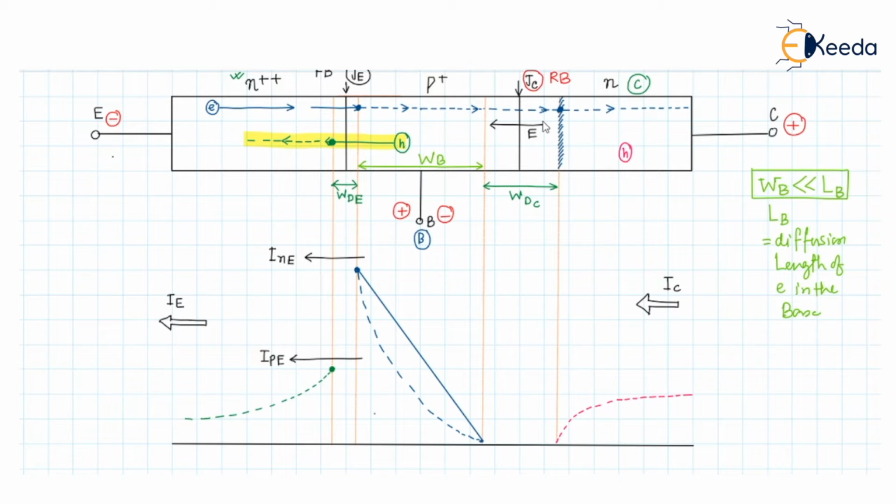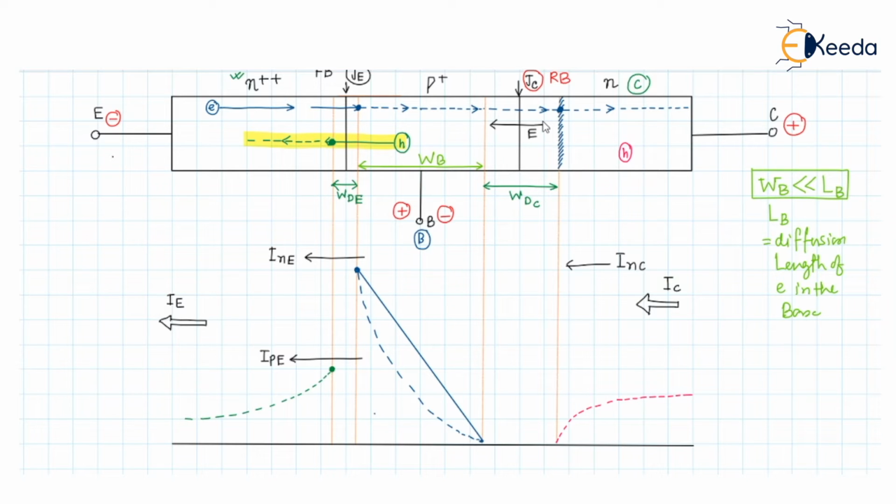This inward current IC consists of the electrons which are coming from the base to collector, and this is called INC. And there is some current due to the minority carriers. We are neglecting this. So these are the currents that can flow inside the semiconductor bipolar junction transistor.